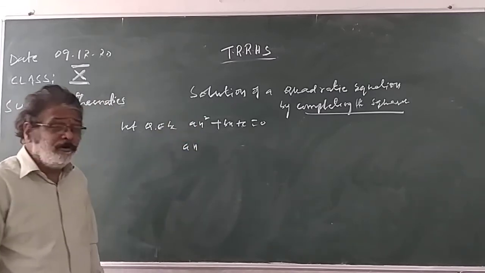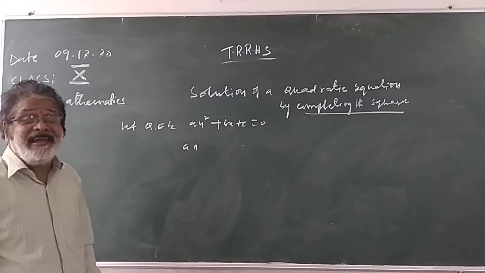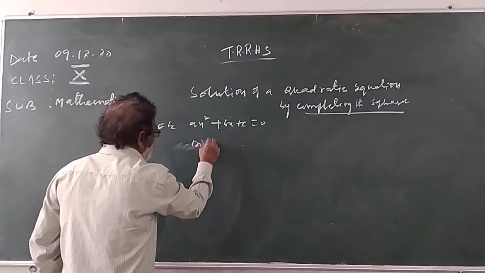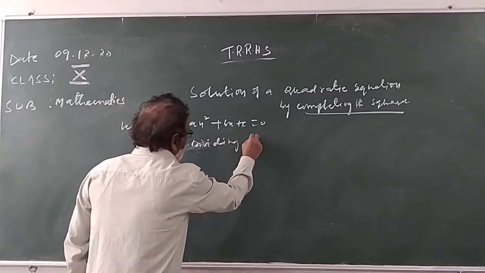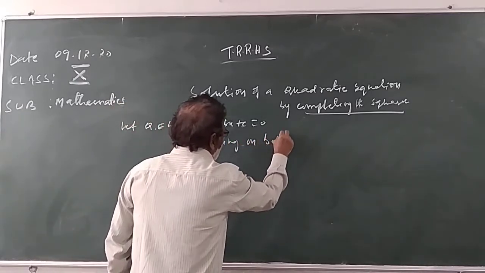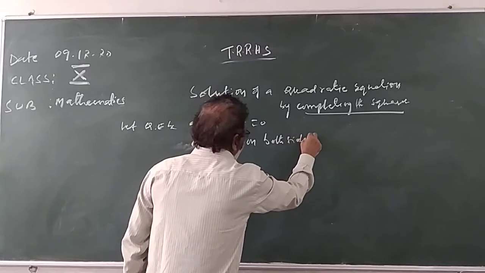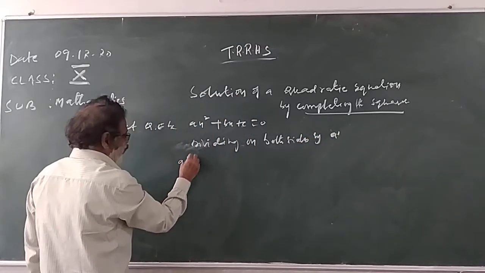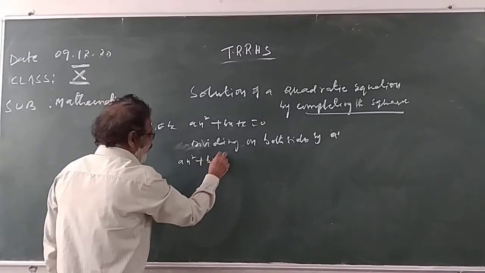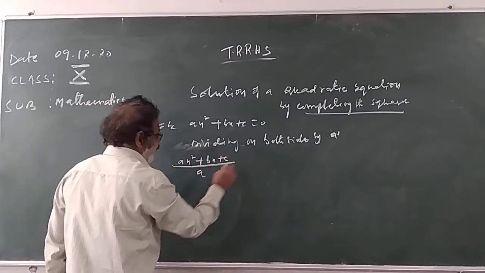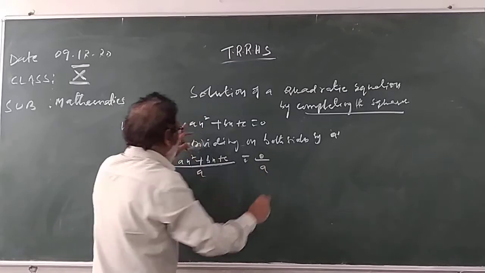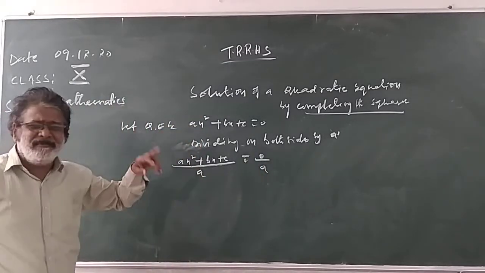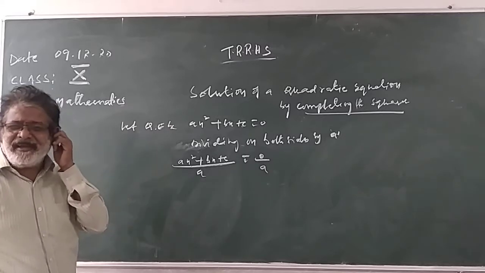Then what do you have to do? Divide on both sides by a. Why are you dividing by a? a is not a perfect square.